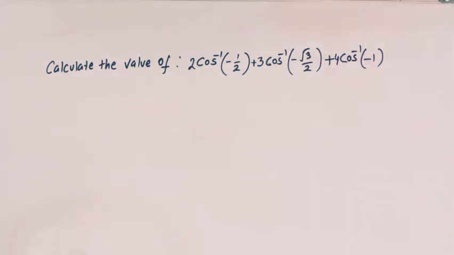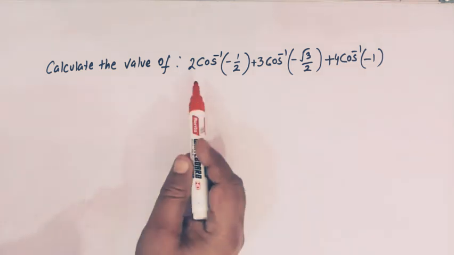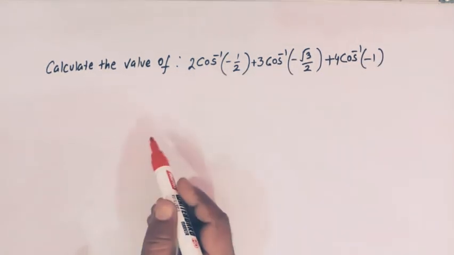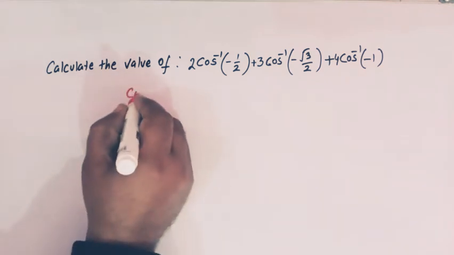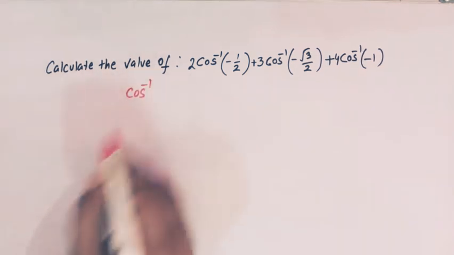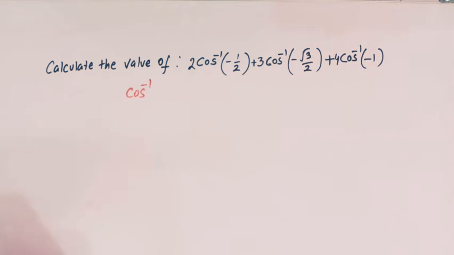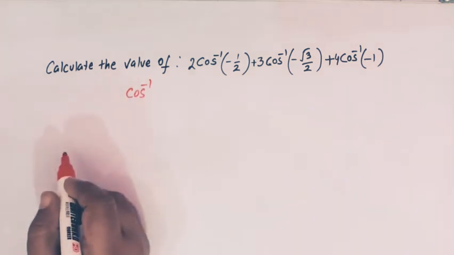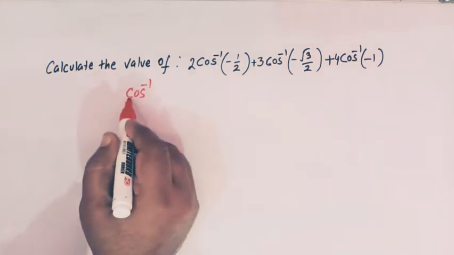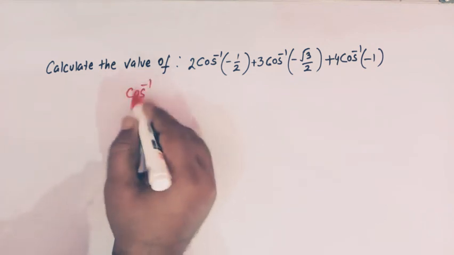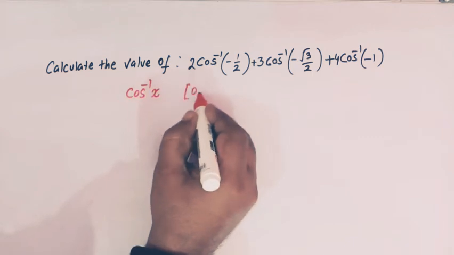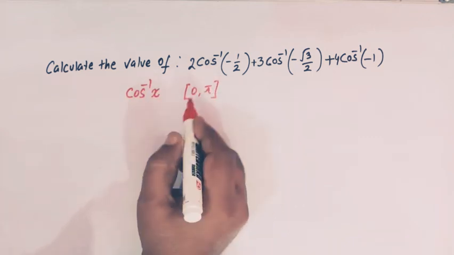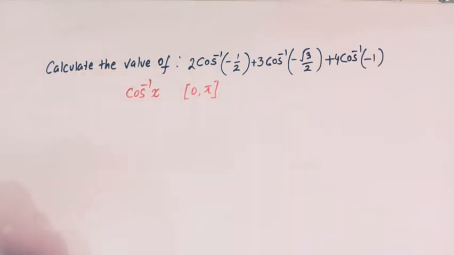So let us start. The first thing we observe is that this expression contains only the cos inverse function, right? And the second thing is that the principal branch of cos inverse x is from 0 to pi, and this is the closed interval.